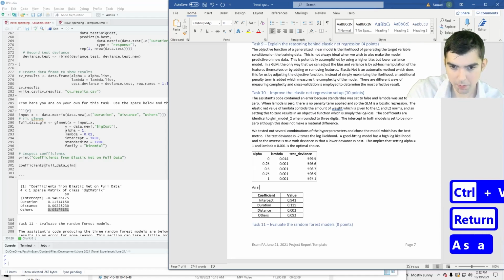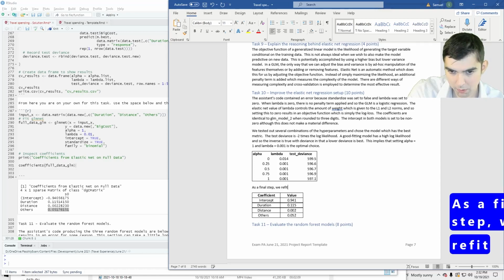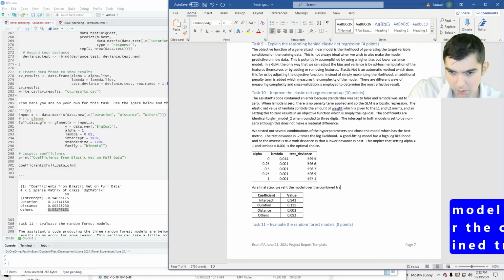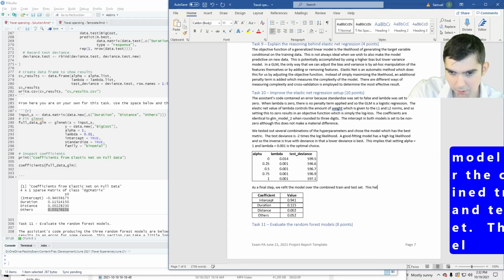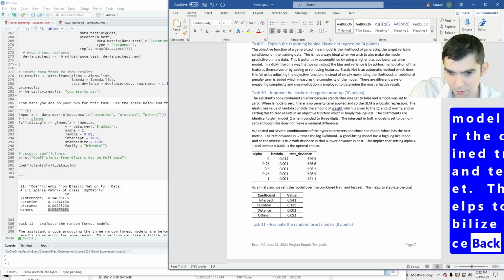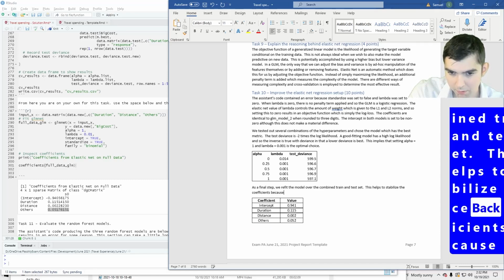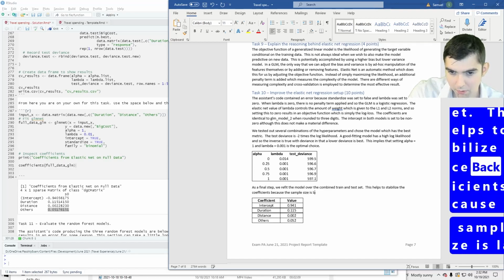As a final step, we refit the model over the combined train and test set. This helps to stabilize the coefficients because the sample size is larger.